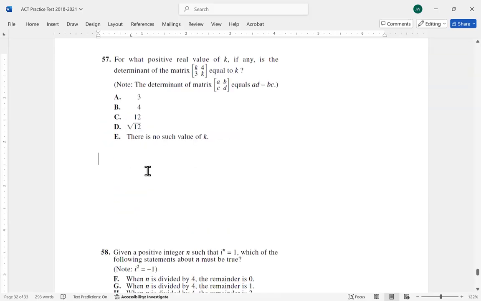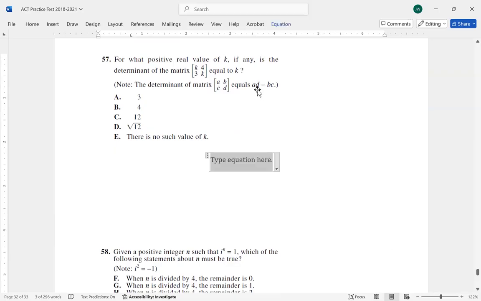Question 57. For what positive real value of k, if any, is the determinant of the matrix equal to k? Note that the determinant of the matrix is this. So what we've got to do is find the determinant of that matrix.